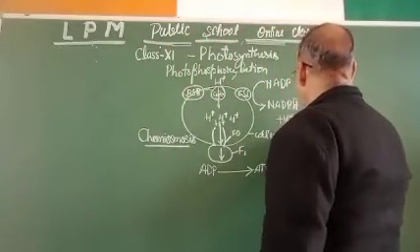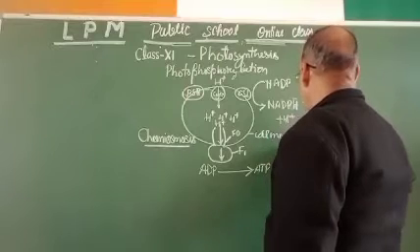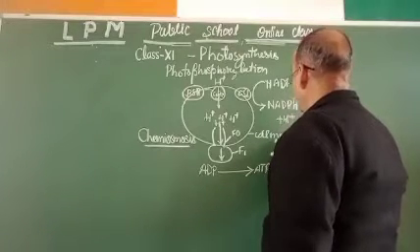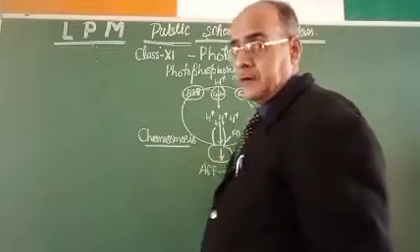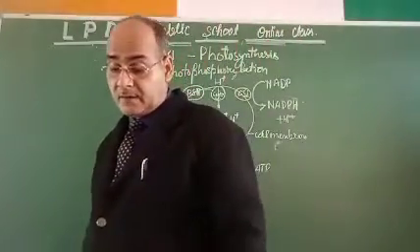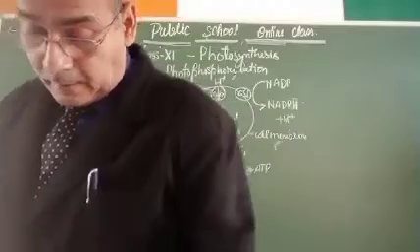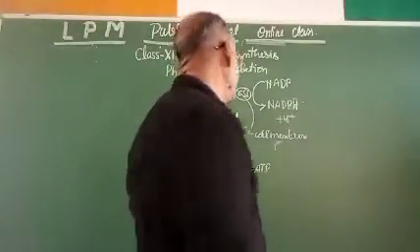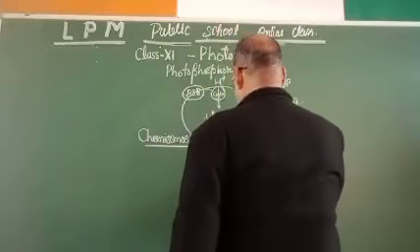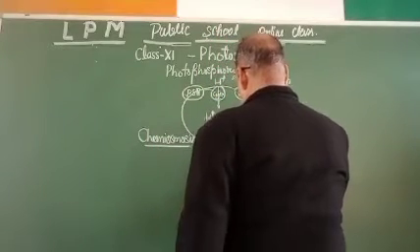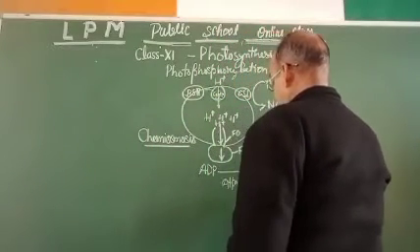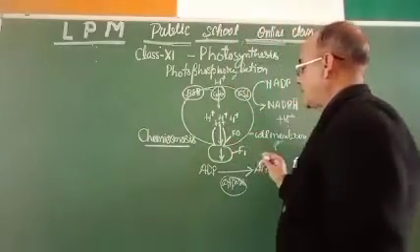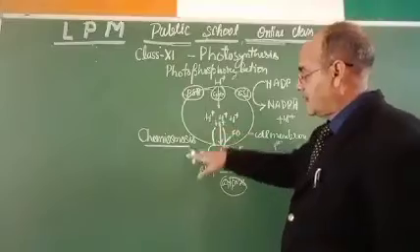As you know, the cell membrane has proton pumps, F0 and F1, a proton gradient, and ATPase. In the presence of the ATPase enzyme, this action takes place. So this is the phosphorylation on the basis of the theory of chemiosmosis.